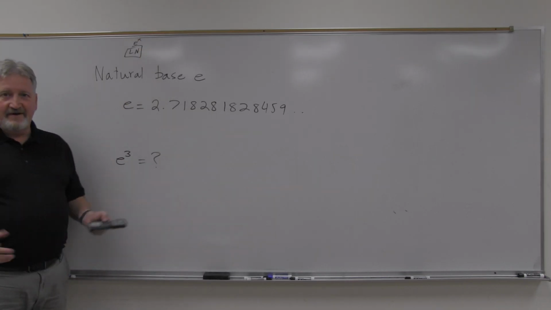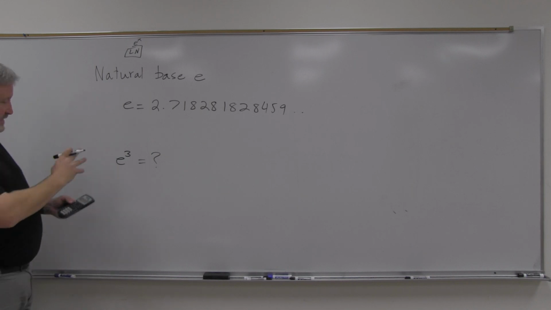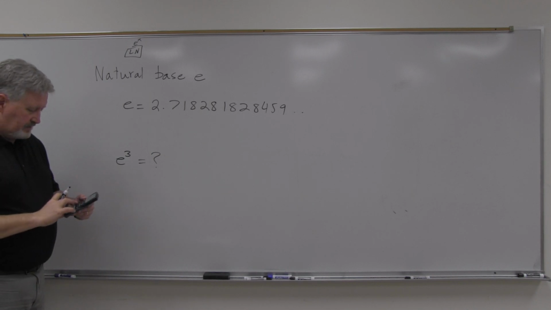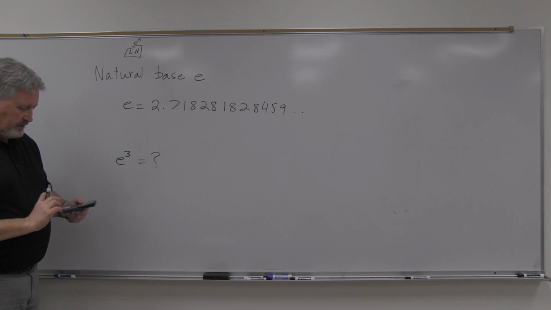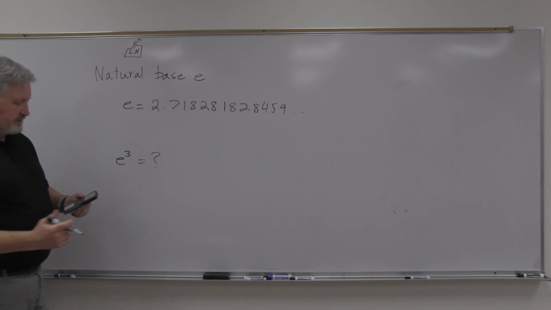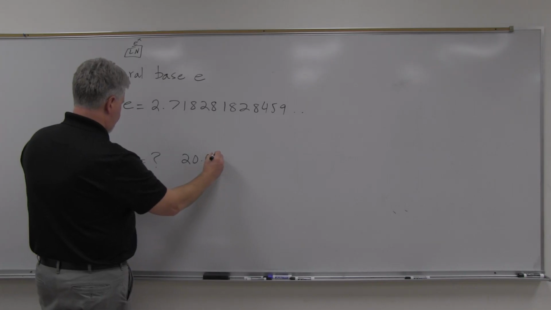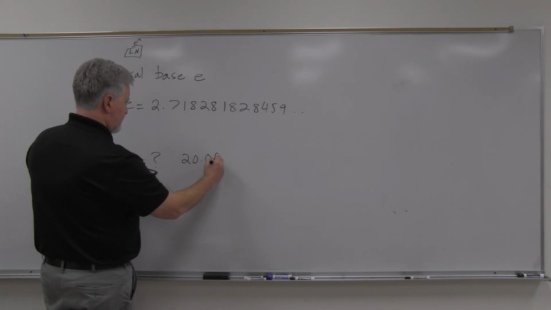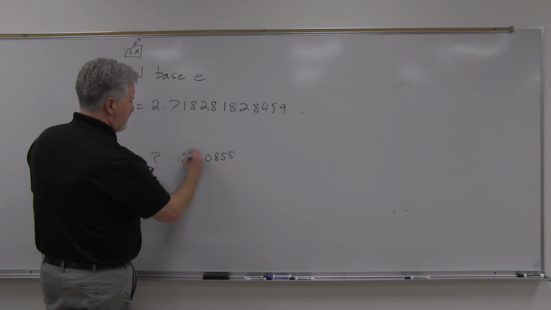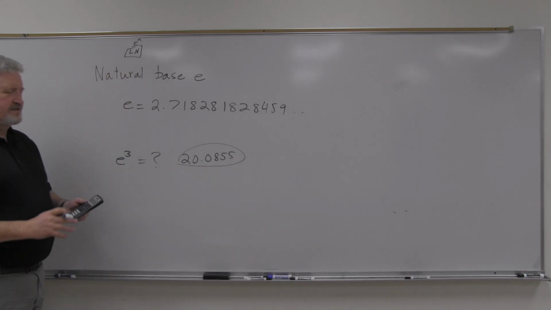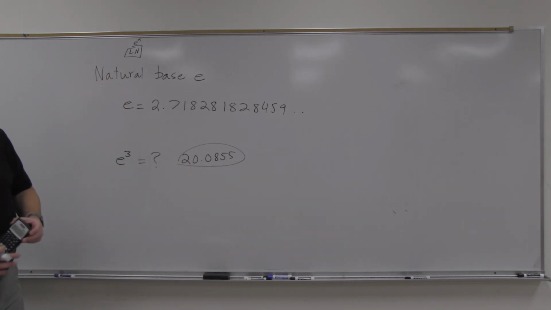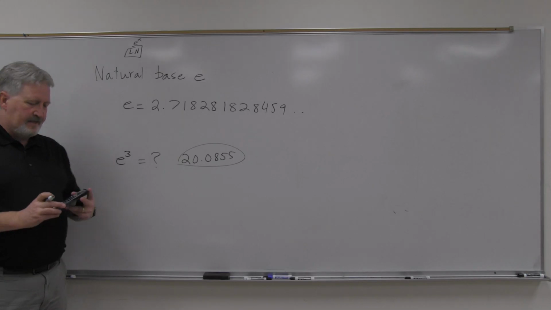Yours may be somewhere else, but find that. Let's see, e cubed, so e to the third power. It's 20.0855, to 4 decimal places. For some reason I had that on my paper.